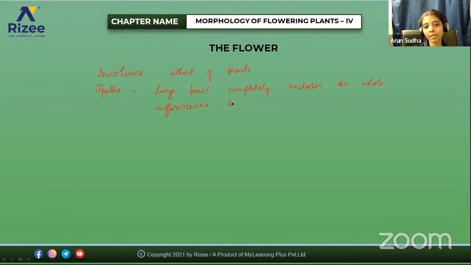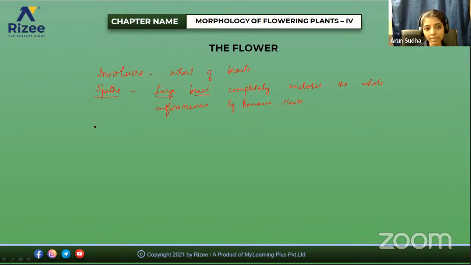For example, if you take banana and maize, you would have seen that inside there will be flowers, banana flowers, and they are completely covered by a large bract. So that is called the spathe. So spathe is a large bract which completely encloses the whole inflorescence. Example is banana and maize.